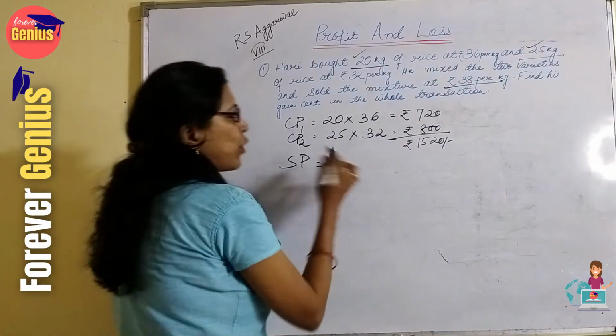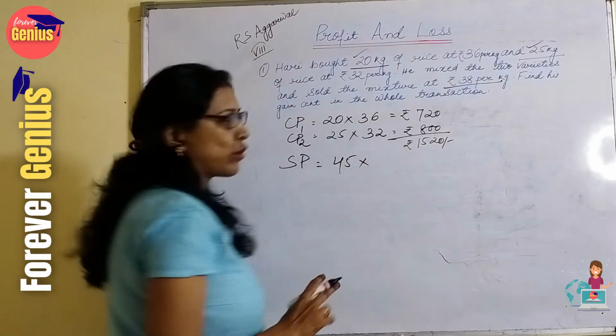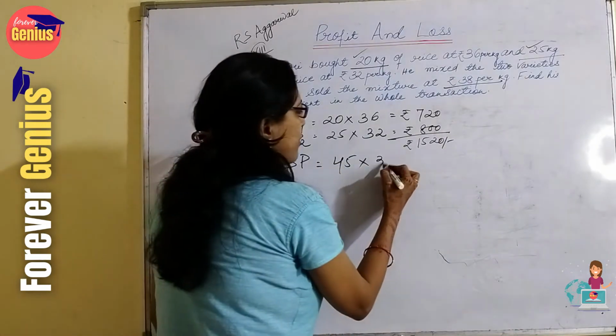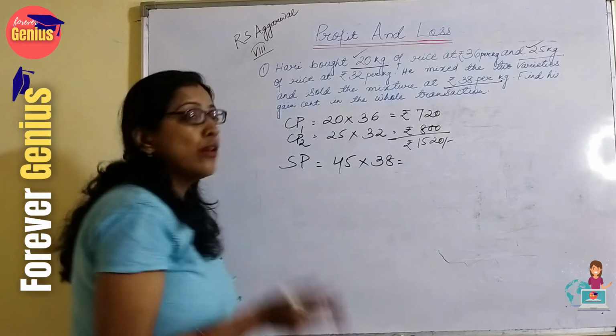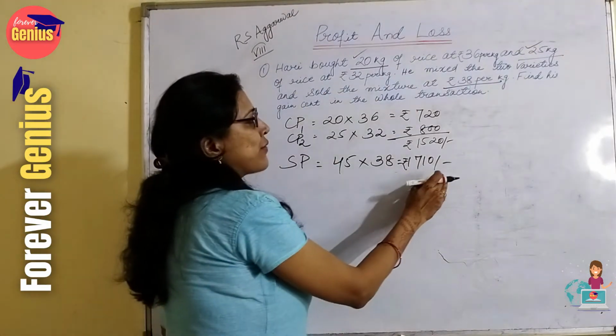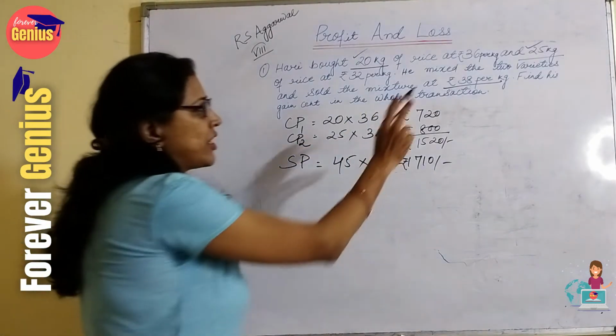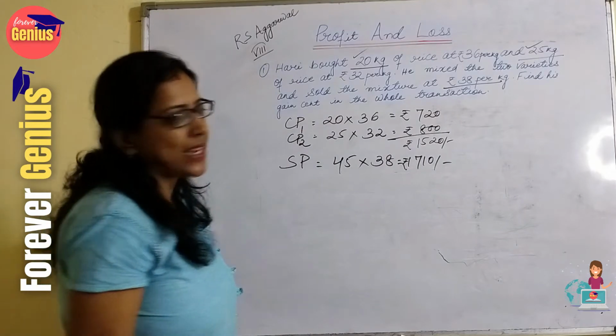Selling price on the total quantity, that is 45 kg is the total quantity and the rate per kg is 38, which comes to 1710. So now can we identify the profit or loss in the whole transaction?